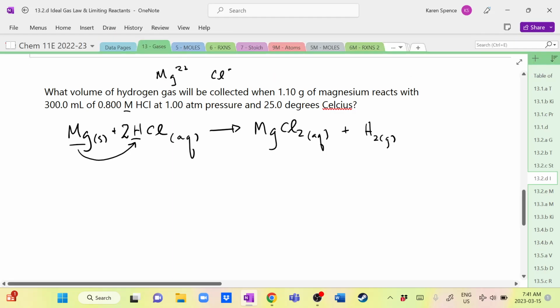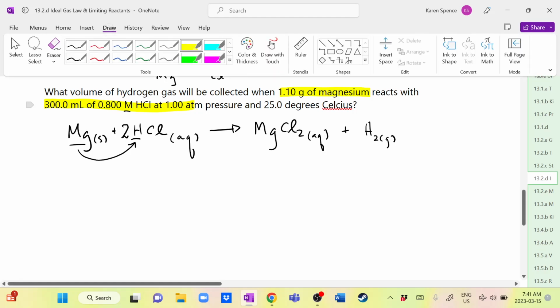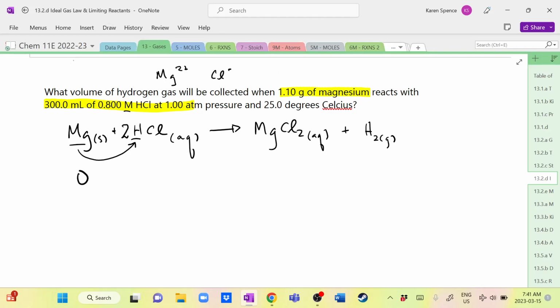We have reactant A, the magnesium, and reactant B, the HCl. And that means when we are given quantities of two reactants, that's going to be a limiting reactant problem.